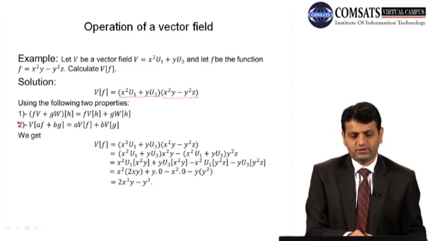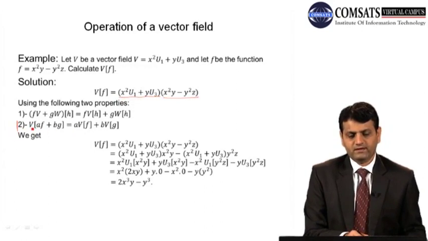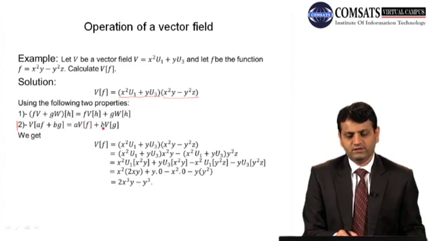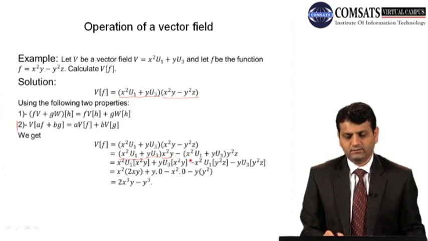By using property 2, which we just proved, if we are applying a vector field on af plus bg, it's just equal to aVf plus bVg. So this is equal to the vector field V on x squared y minus the vector field V on y squared z.